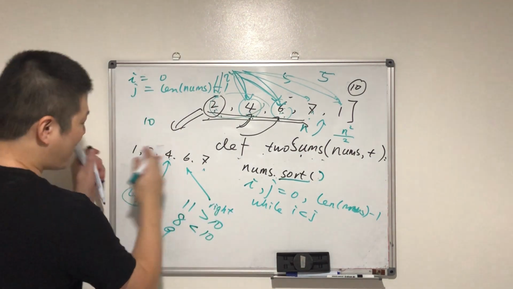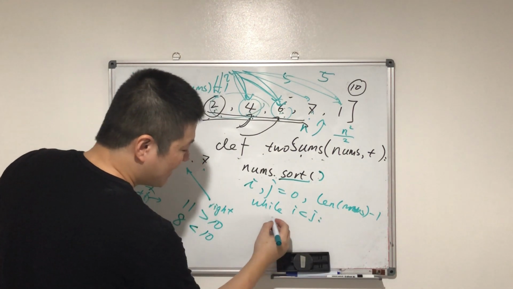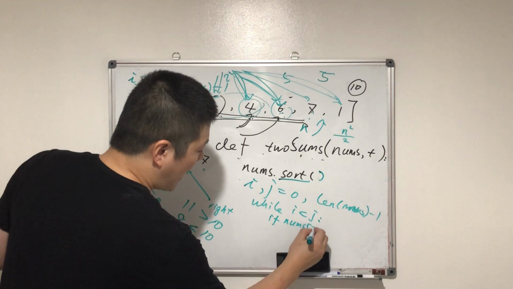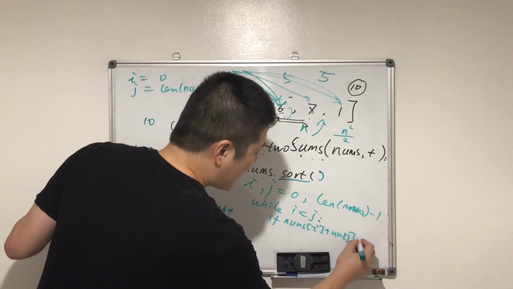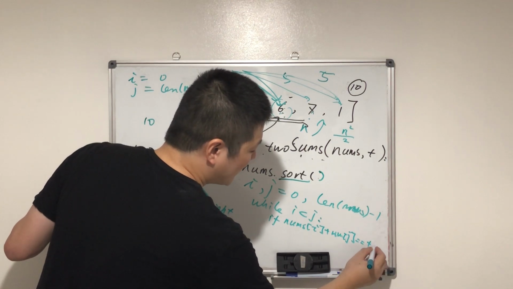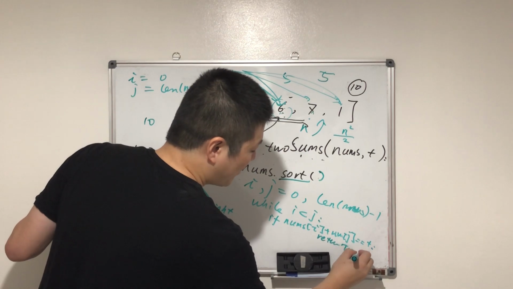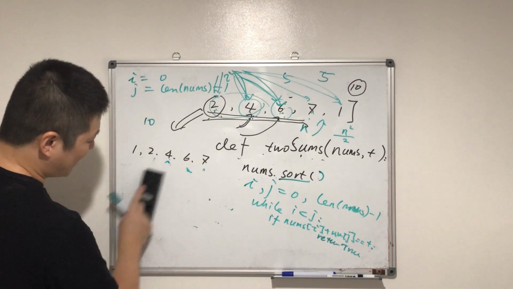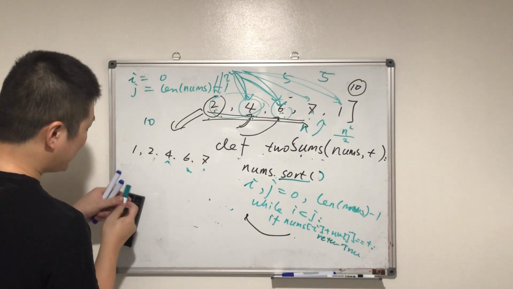If nums[i] plus nums[j] is target, then we return true, right? We found the target. I'll write it this way, too small a space. Here, come here. Then we need to check again.